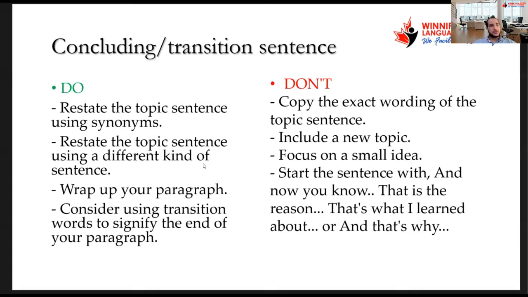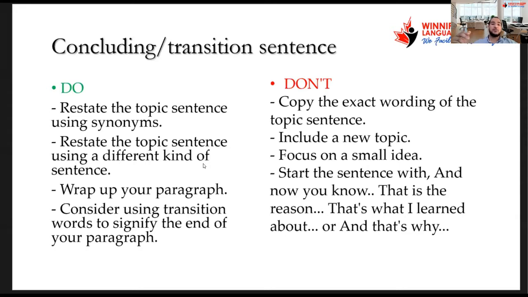And we talked about simple sentence and compound sentence. And sometimes you just need to reverse it, or sometimes you just need to change it from active to passive. So we could say that fast food affects our bodies in the topic sentence, and then in the conclusion we could say that our bodies are negatively impacted by junk food.